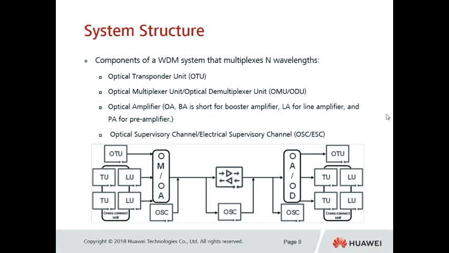Your service power will be decreased. So after we do this multiplexing, we need another unit, OA, optical amplifier, to make your service power higher again. Otherwise, we cannot just send it out because the launching power is too low, right? So you can see why in our WDM system structure we have OMU and OA together right over here. Okay, then we can send it out.